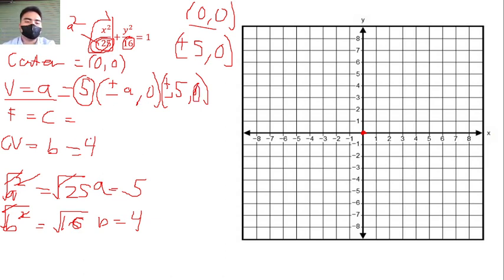Okay, so now we have the coordinates for the vertices. How about the co-vertices? Our co-vertices is our minor, so therefore it's on the y-axis. So our x coordinate will be 0, and we are going to add and subtract b.